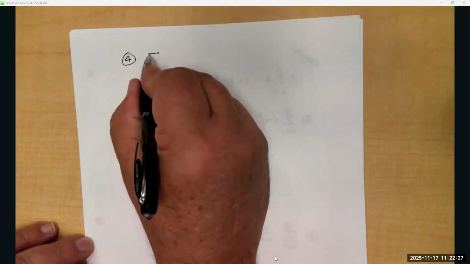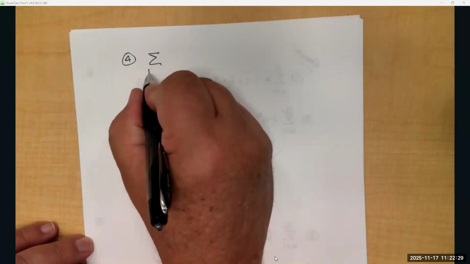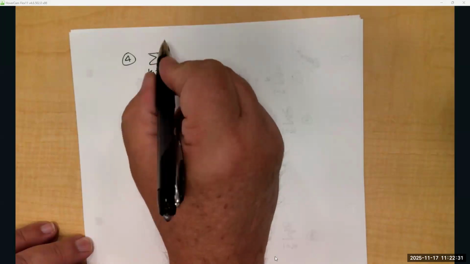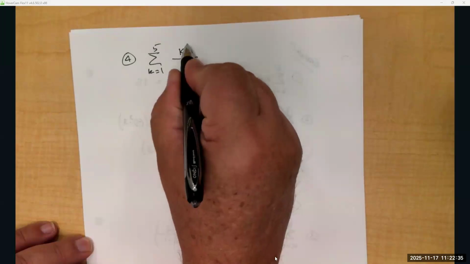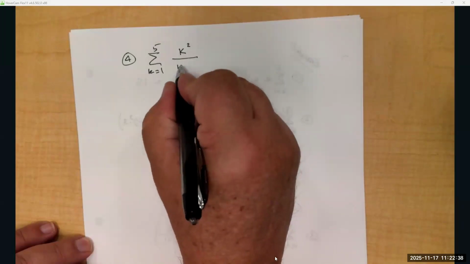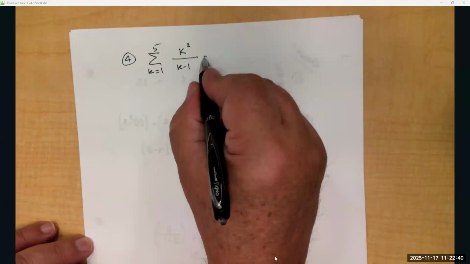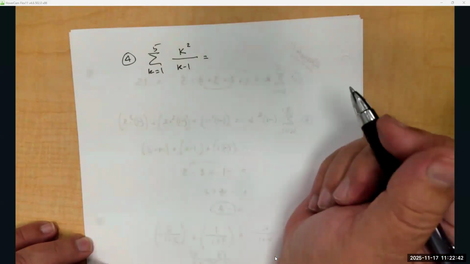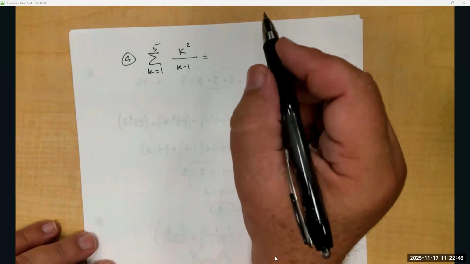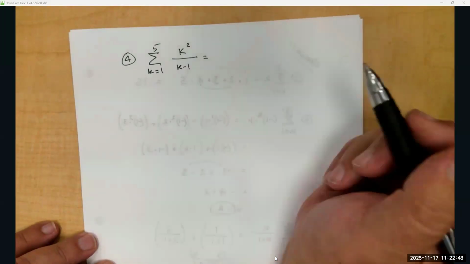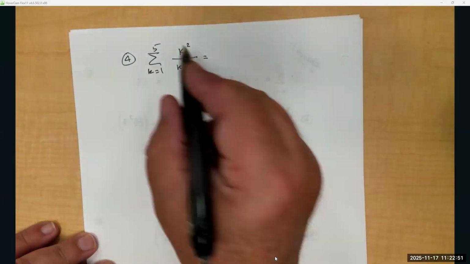And the fourth one, k is equal to 1 to 5, k squared over k minus 1. No, it's not 1.